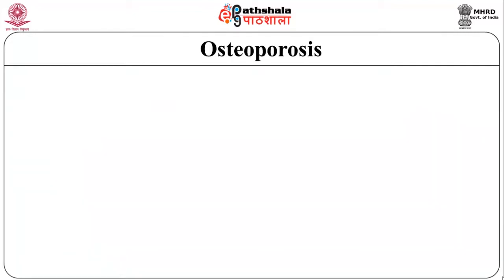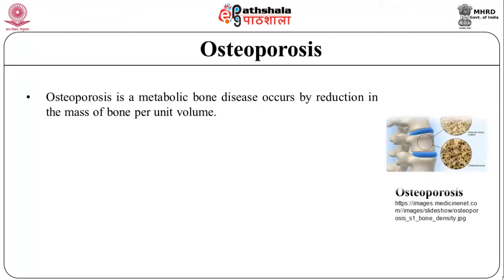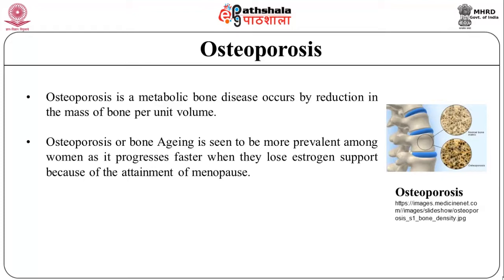The next disease is osteoporosis. It is a metabolic bone disease that occurs due to the reduction in the mass of bone per unit volume. Osteoporosis, or bone aging, is more prevalent among women as it progresses faster when they lose estrogen support because of attaining menopause.